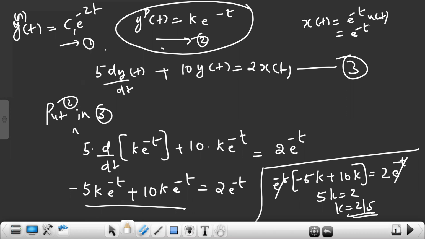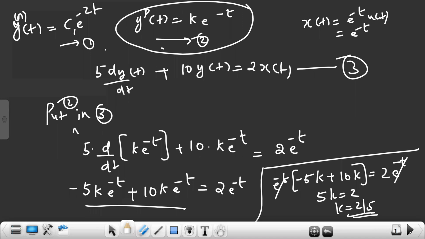After finding the particular solution, you need to find the value of k. Further, you will put that equation number 2 in the given differential equation, and after putting it in the differential equation, finally we get the value of k. Once you get the value of k, you can again substitute in equation number 2 so that you can rewrite your particular solution by replacing the corresponding value of k.